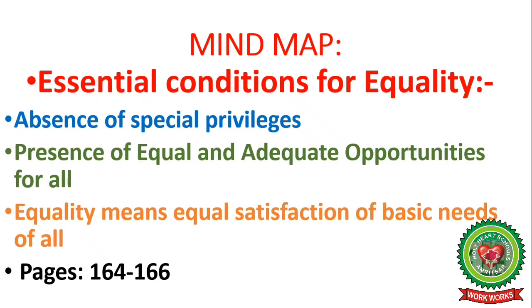And under the essential conditions for equality, I have discussed absence of special privileges, presence of equal and adequate opportunities for all, and equality means equal satisfaction of basic needs of all. These things I have discussed with you all, and you must be clear about all these. It covers your pages 164 to 166.